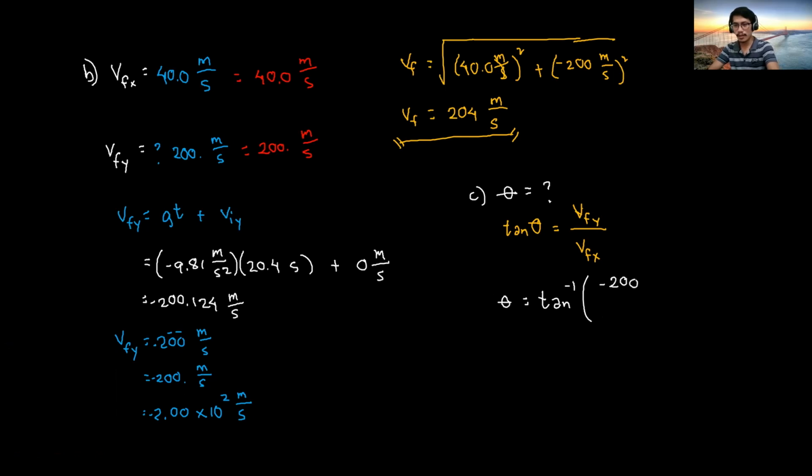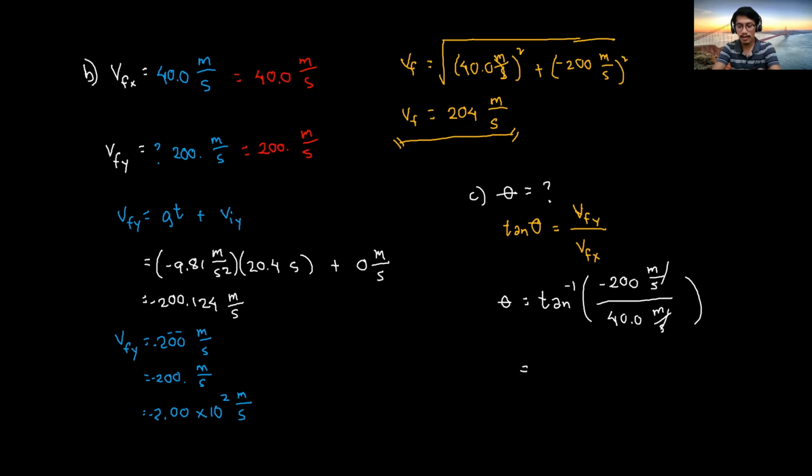Negative 200 meters per second divided by our VFX, which is 40.0 meters per second. And that will give us, do not take the absolute value, 200 divided by 40.0, that is negative 5.